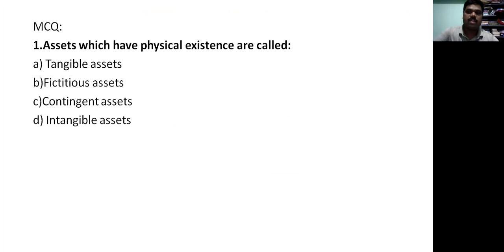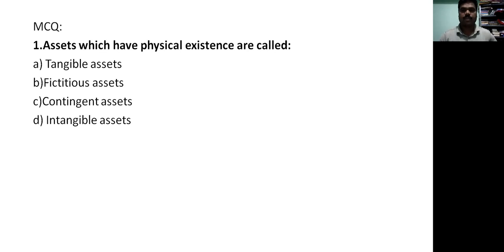In this session, the multiple choice question is: the assets which have physical existence are called, whether tangible assets, fictitious assets, contingent assets, or intangible assets. Whichever is suitable, you can choose to make it the right answer.